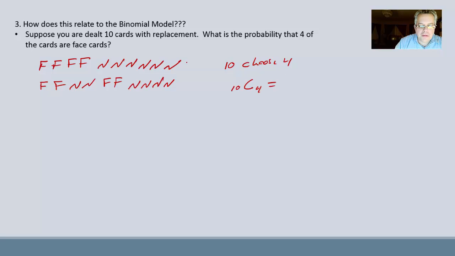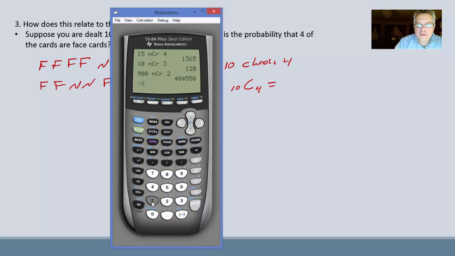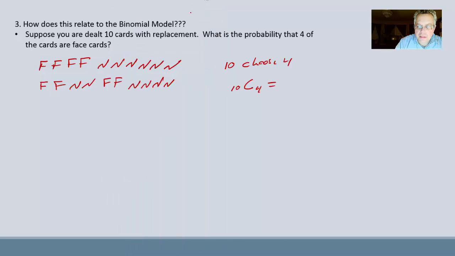Okay, so I'm going to figure out what that is. So 10, and we're going to go math, probability, NCR, 4. 210 ways.